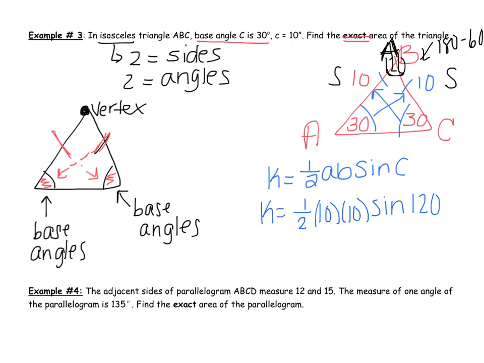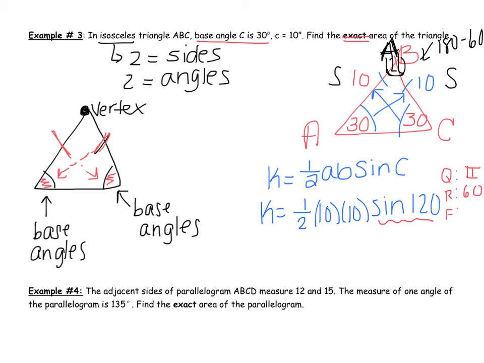But they're asking for the exact value. So that means you need to have those radicals in there. You need to somehow get it to be 30, 45, or 60. So what we can do is use quadrants, or CAST, for this little piece right here. So what quadrant are we in? Quadrant 2. How do I find a reference angle in quadrant 2? You should be thinking 180 minus 120, which is 60.